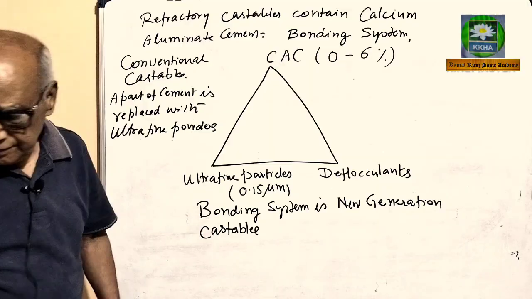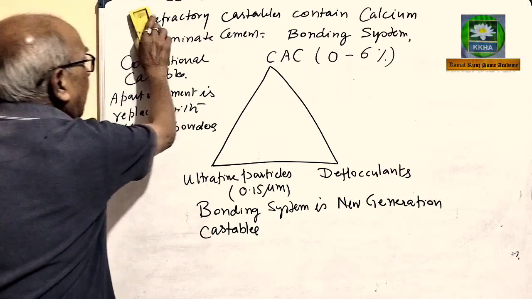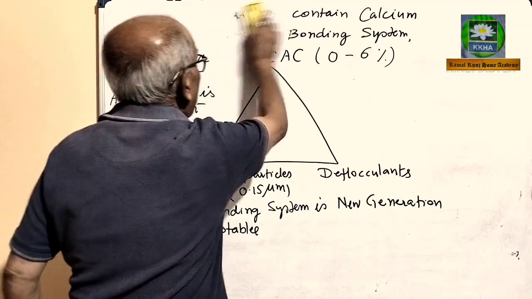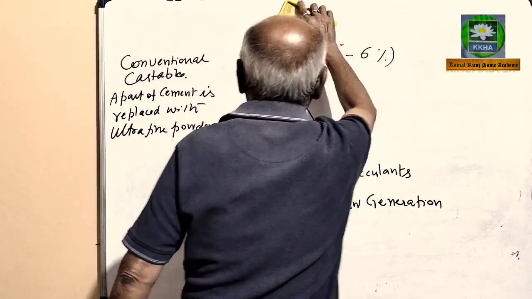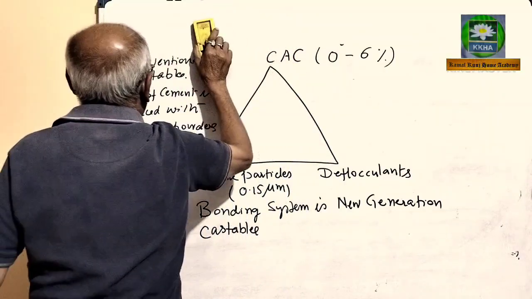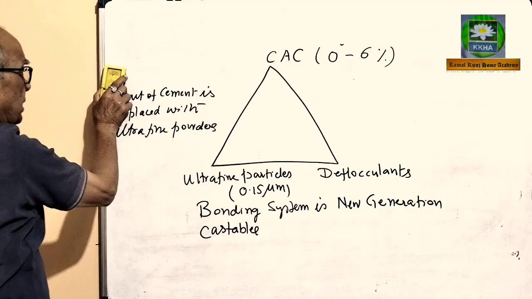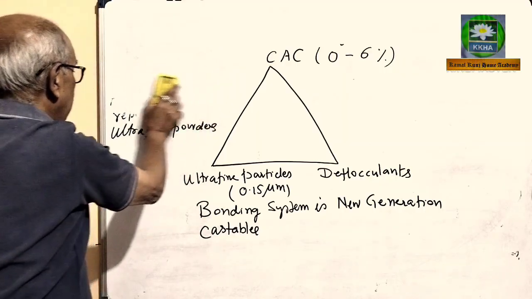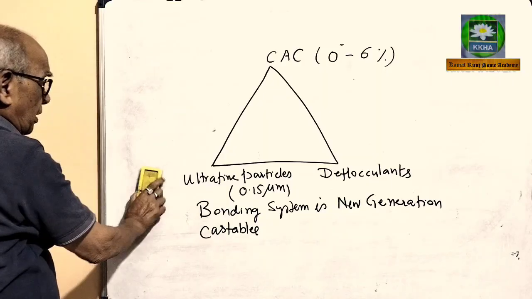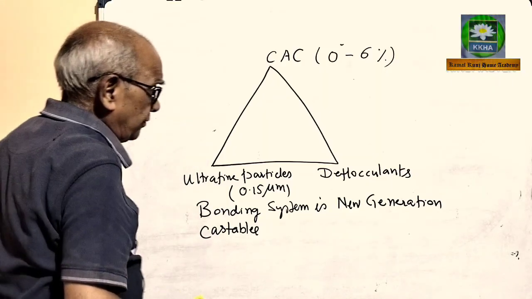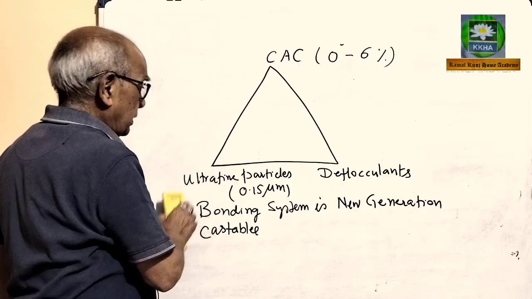In conventional castables the bond is calcium aluminate cement, while in new generation castables a part of it is replaced with ultrafine powders, and suitable deflocculants are used to disperse the fine powders.